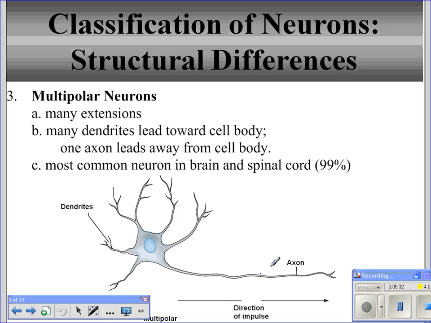There is only one axon, but we can at times have multiple collaterals. And so these are just branches.